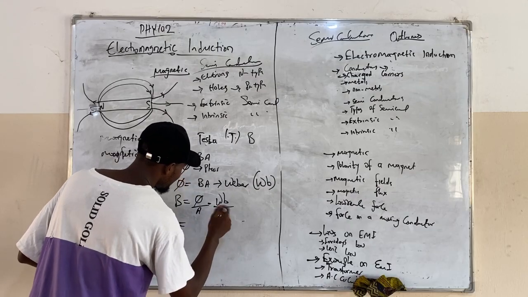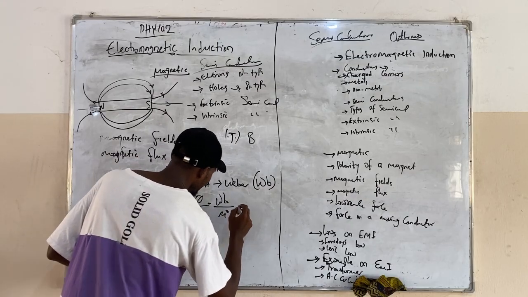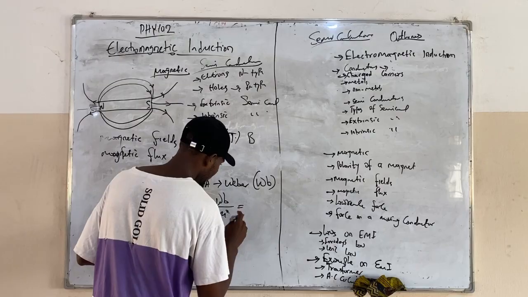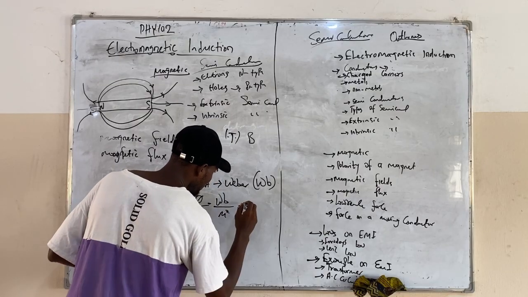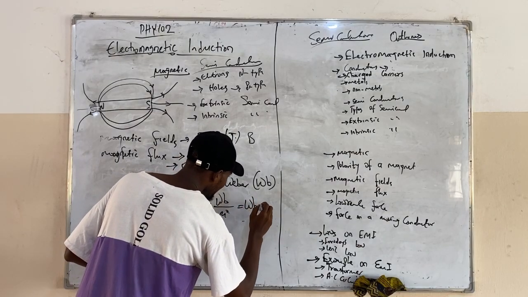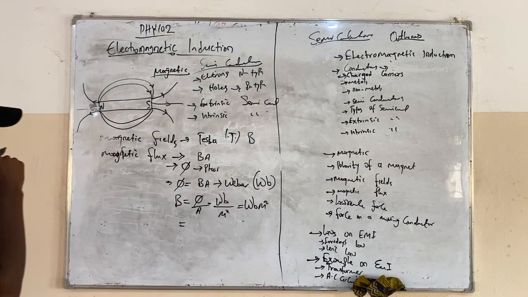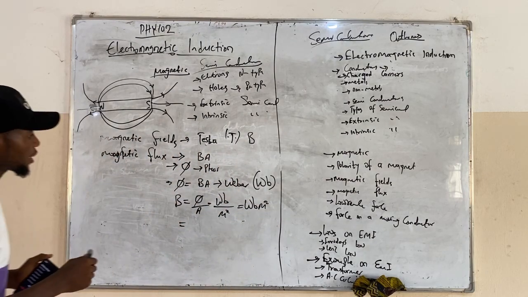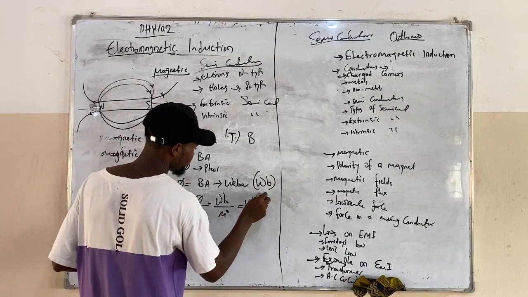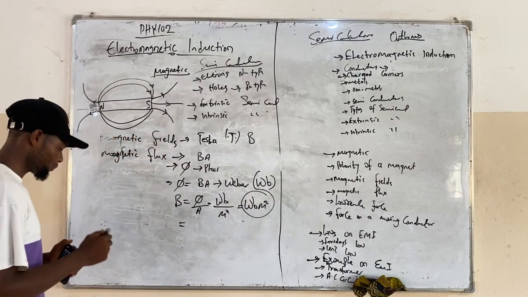So if you pair the whole thing together, you have it as Weber per meter squared. So that's another name for the SI unit of magnetic field, Weber per meter squared.